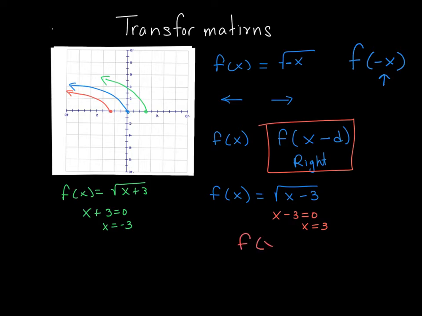That would be f of x equals, and again, I'm changing the negative only for x, so that would be the square root of negative x minus 3, and this one would be the square root of negative x plus 3. For all of those functions, that x value is what is changing inside there.